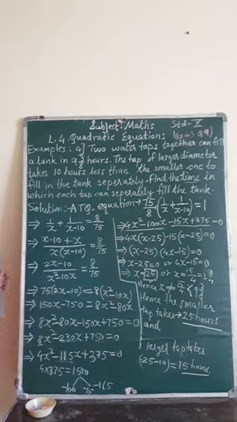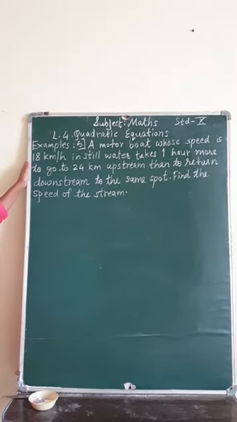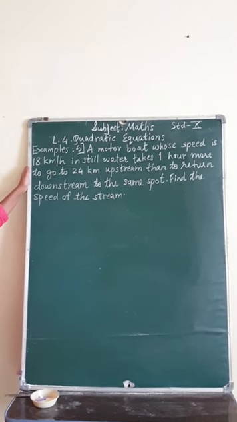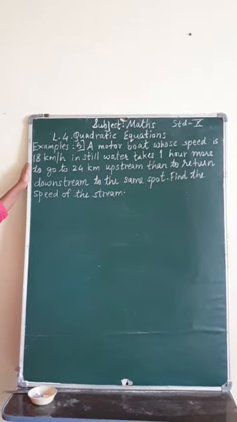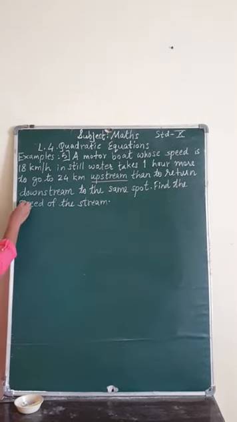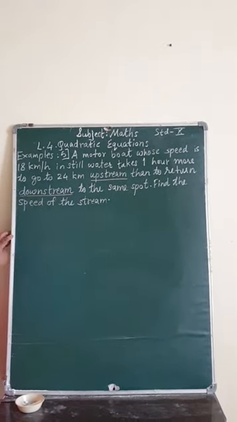Now moving to the fifth example. A motorboat whose speed is 18 km per hour in still water takes 1 hour more to go 25 km upstream. So this is a new thing you have come across, upstream, than to return downstream to the same spot.